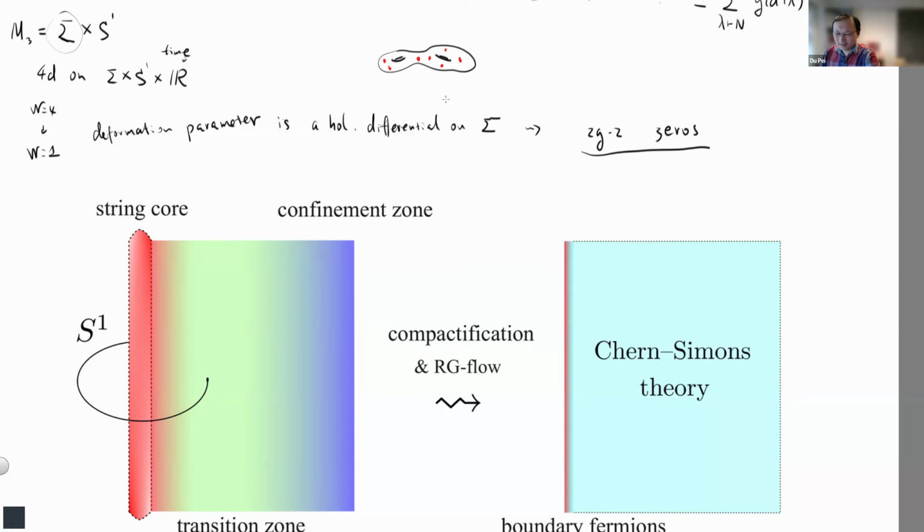And those are two-dimensional because they are points here, but they stretch along the S1 and the time direction. So they are string-like, and those are sometimes referred to as cosmic strings.